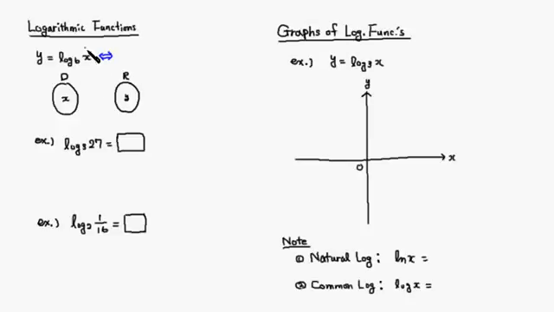So it's an inverse. Let's say the log function goes from x to y. So this is a log function, log to the base b of something. Then its corresponding exponential function goes backward. So that's going to be b to some power.